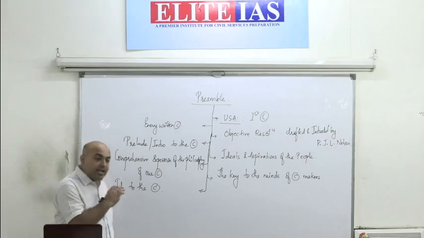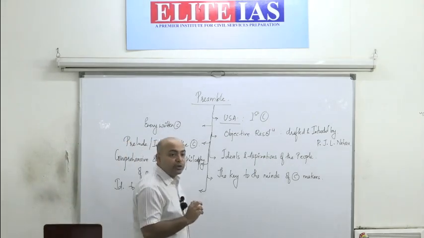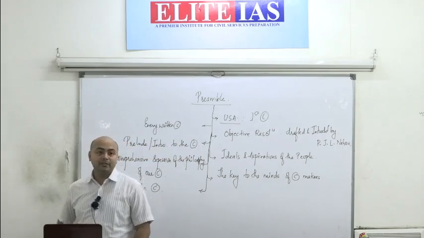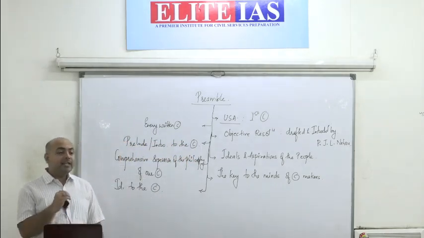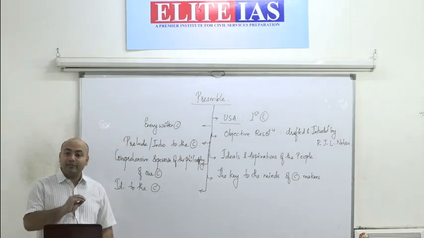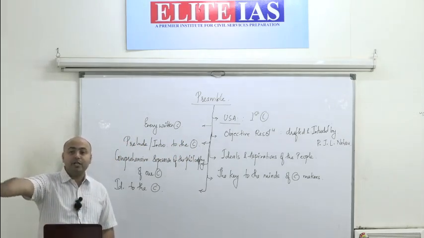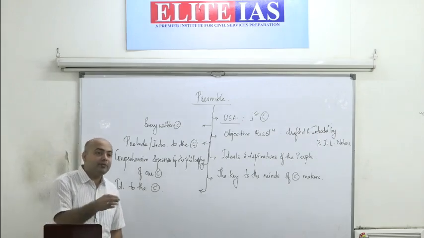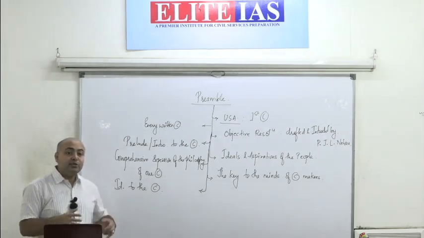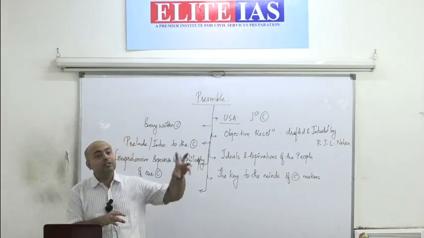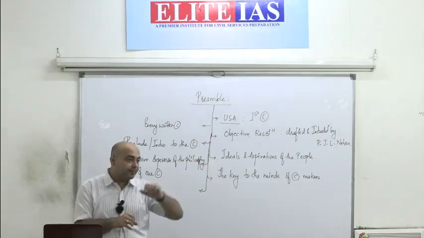Because in various decisions of the Supreme Court, you would find that if there is any ambiguity on the various provisions of the Constitution, the Supreme Court tends to refer to the preamble of our Constitution, and tends to interpret that very provision in light of what the preamble has to say.